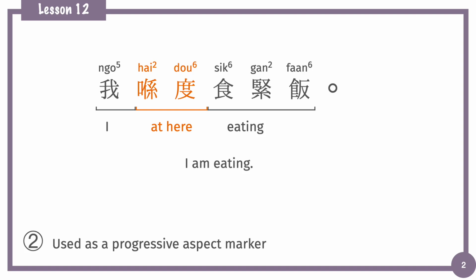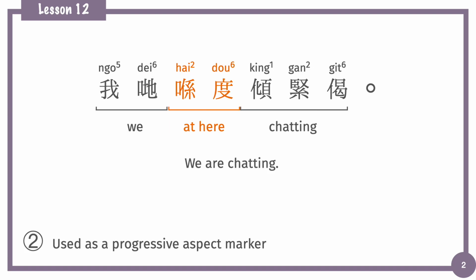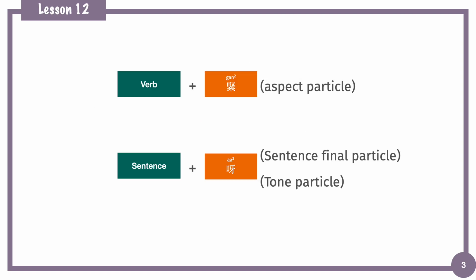So this sentence is similar to 我而家食緊飯. Let's see one more example. 我哋喺度傾緊偈. 我哋 we, 傾緊偈 chatting. 我哋喺度傾緊偈 we are chatting. Since the word 喺度 carries the meaning of in progress, sometimes we can drop the word 緊 in the sentence. Like 我哋喺度傾緊偈 can also be 我哋喺度傾偈.